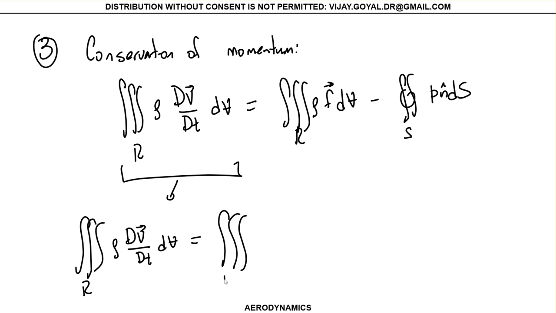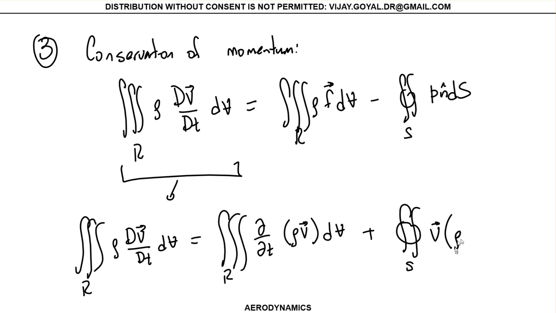This is the triple integral of partial of t of rho v over volume plus the double integral over the enclosed area of rho v dot n ds. Now this term right here will be 0 because this is steady flow. Okay, so this whole expression is equal to this.